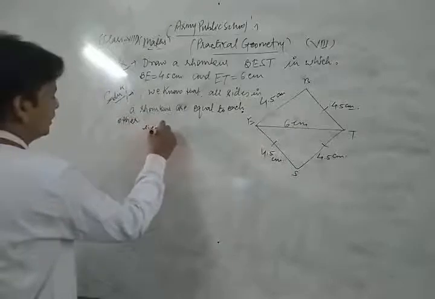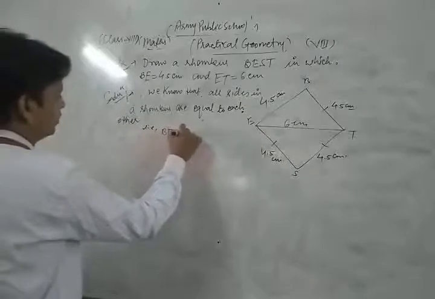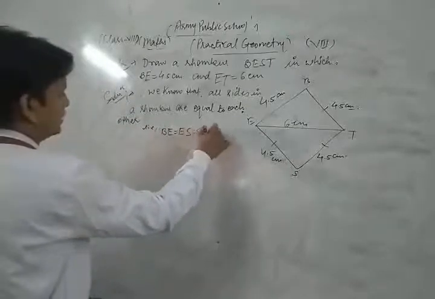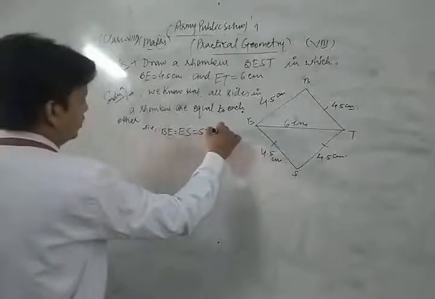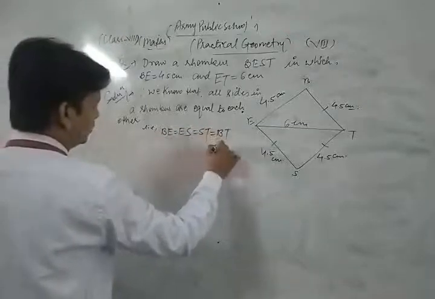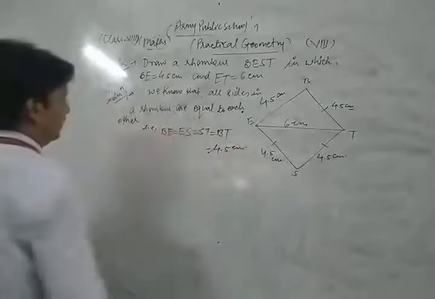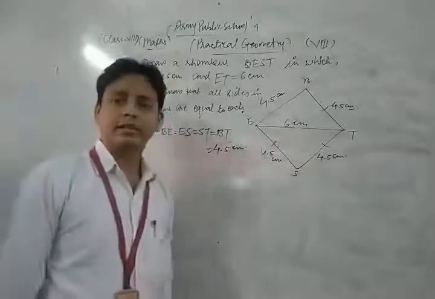That is, BE is equal to ES is equal to ST is equal to BT is equal to 4.5 centimeter. So in this way we draw the rough diagram.